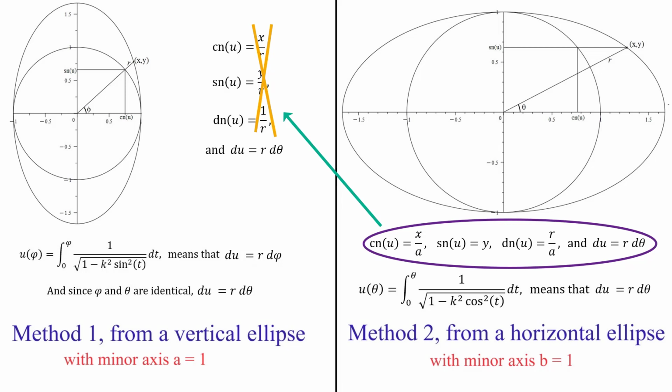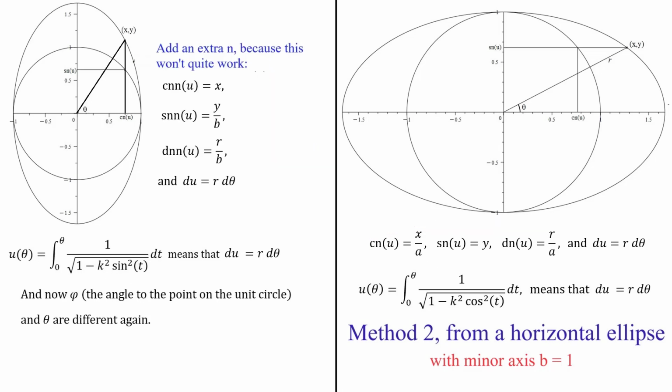So if I were to do that for the vertical ellipse, now the major axis is b. So if I'm on the ellipse, I'm going to go straight down. So x will just stay cn u in this case, and then y divided by the major axis is what I need to get to the unit circle.